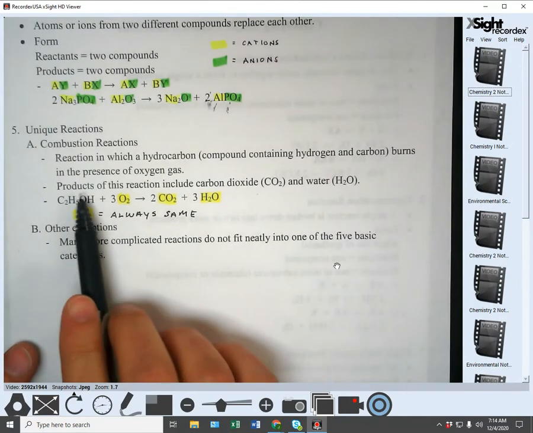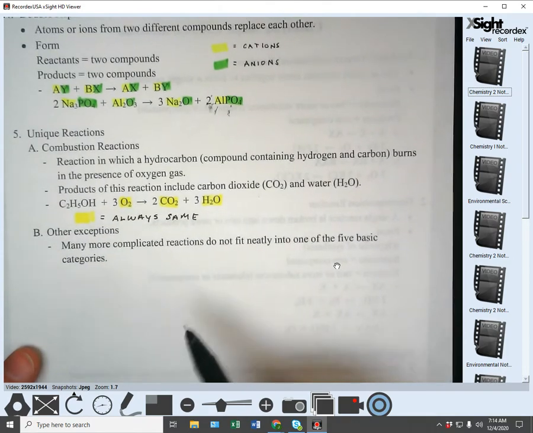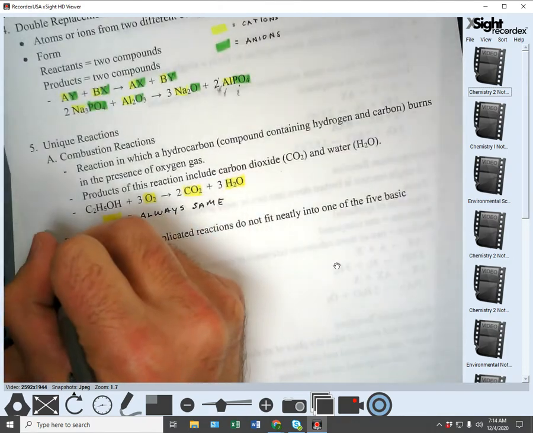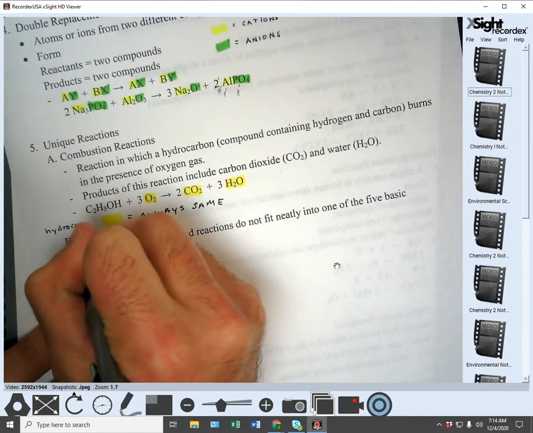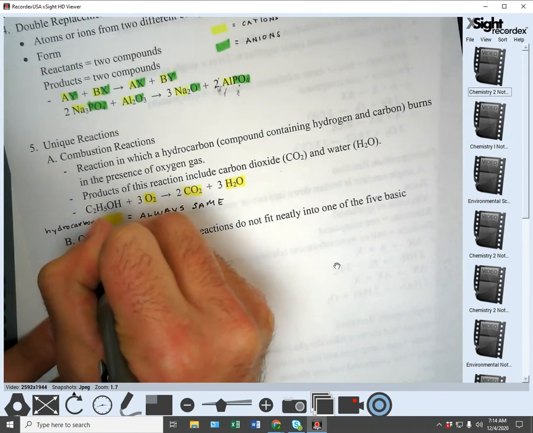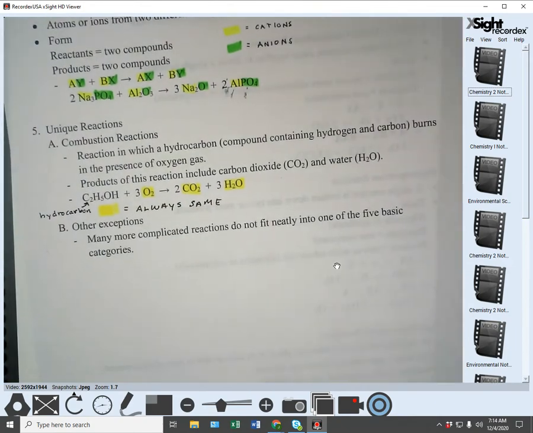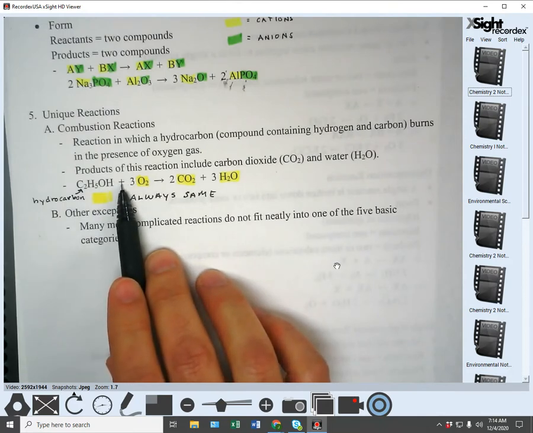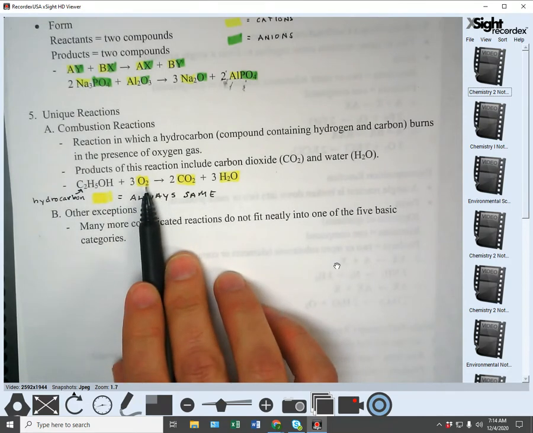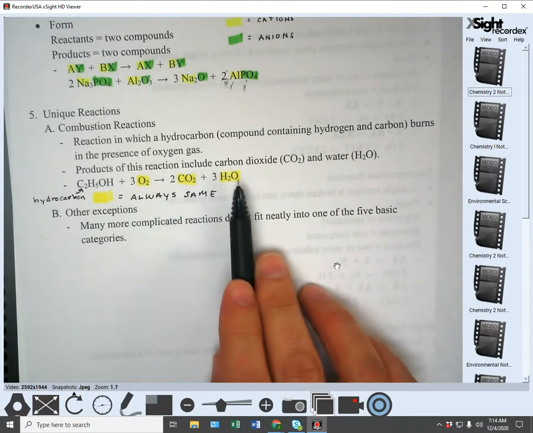So I've got an example here. This is the hydrocarbon. It is combining or reacting with oxygen gas, O2, to produce two products, carbon dioxide and water.